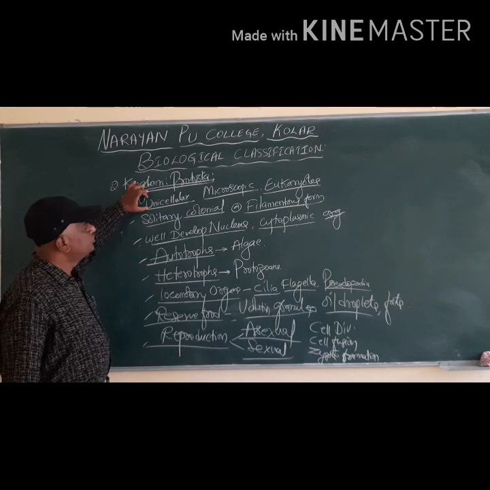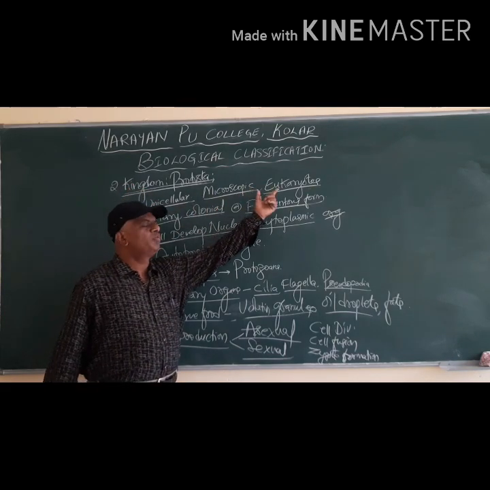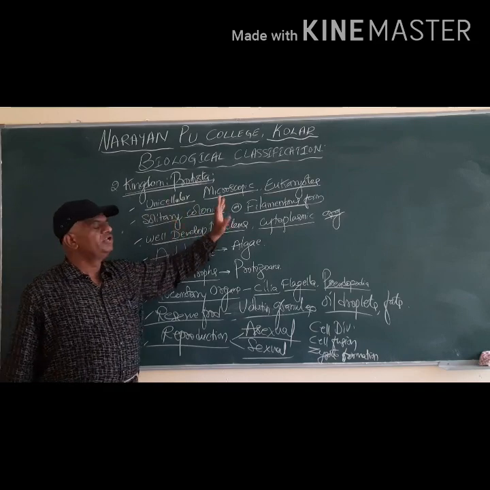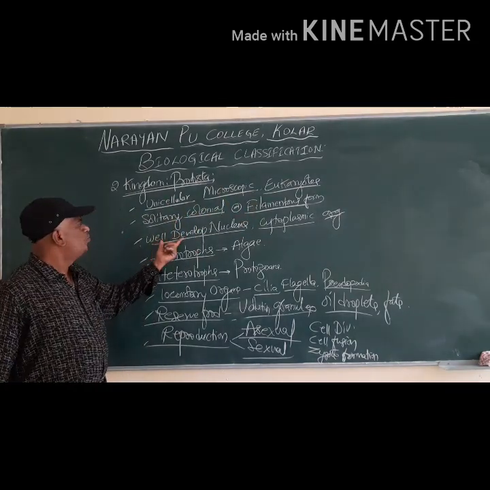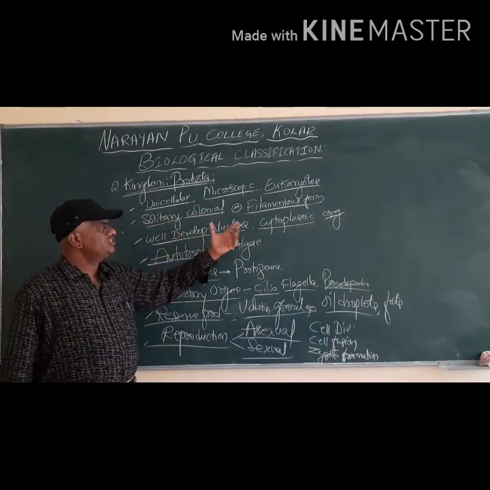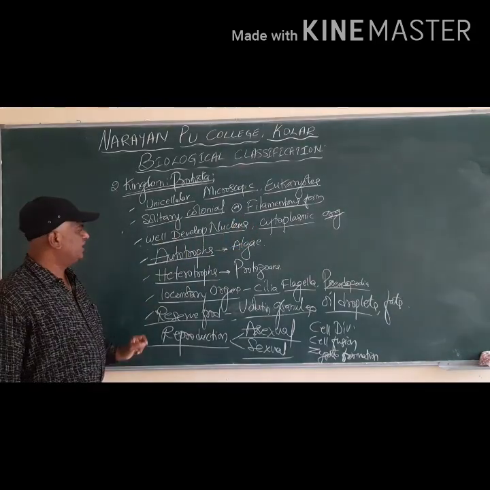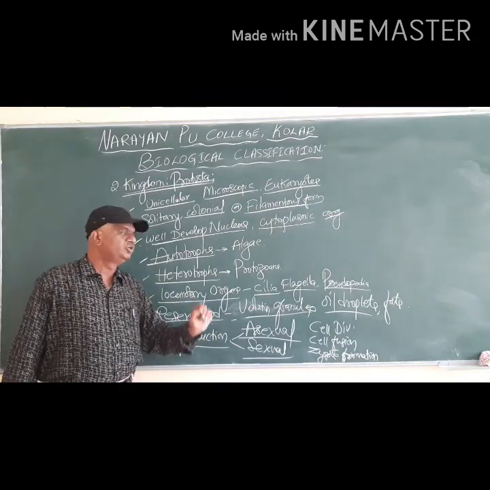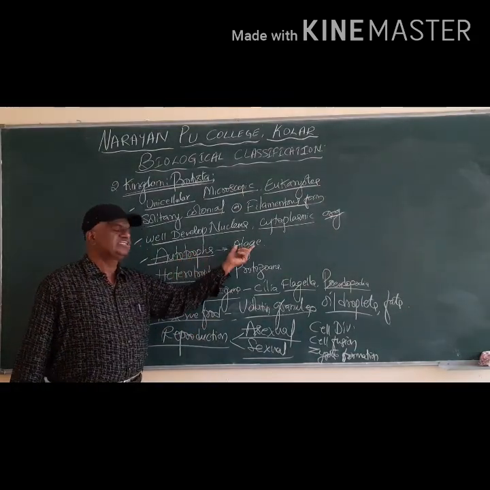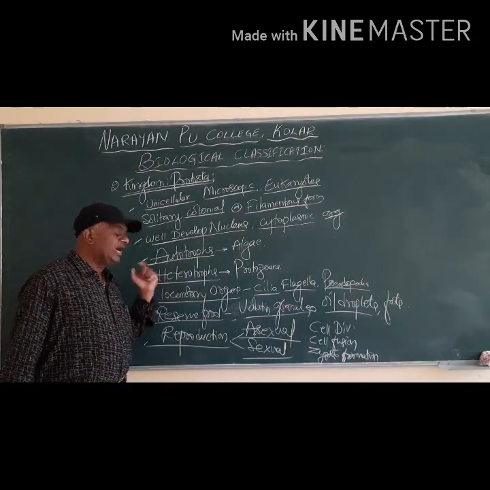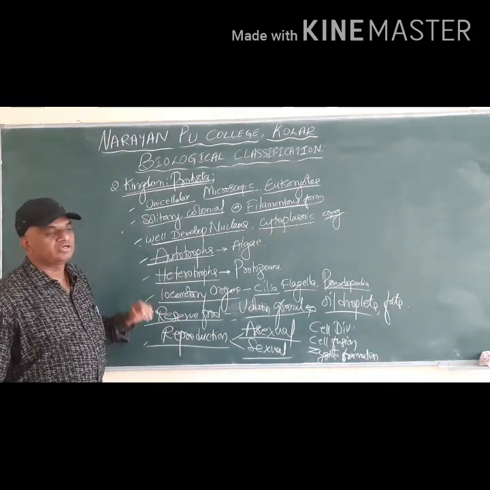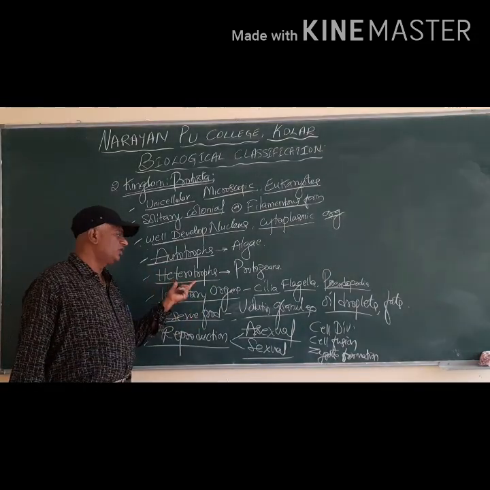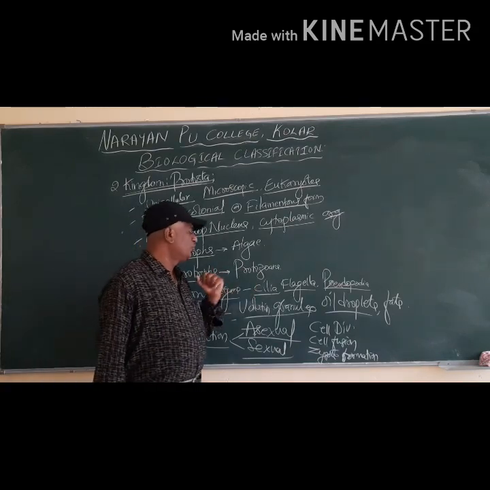I'll repeat this: unicellular, microscopic, eukaryotes. Either solitary, colonial or filamentous. A well developed nucleus is present with all the cytoplasmic organelles. Those that prepare their own food are called phototrophs, for example algae, and those that cannot prepare their own food are called heterotrophs, for example protozoans.